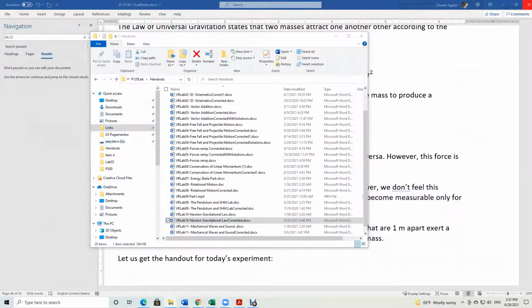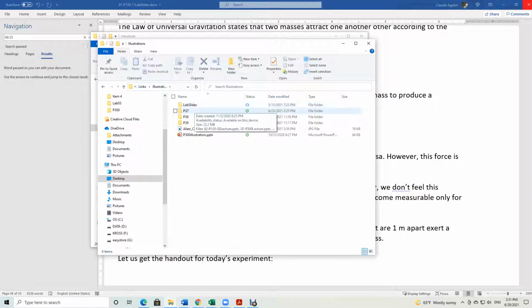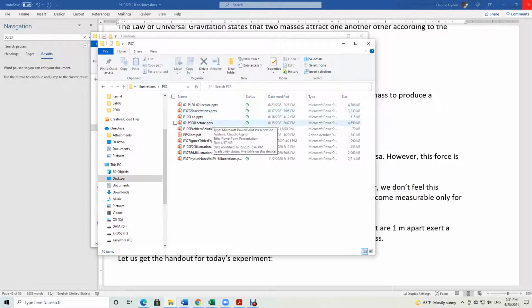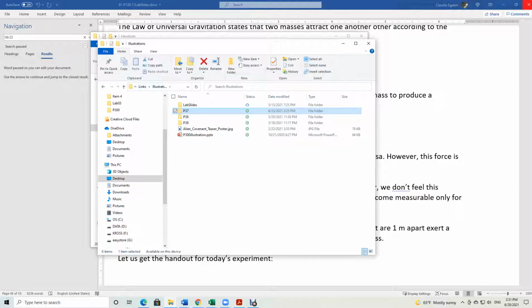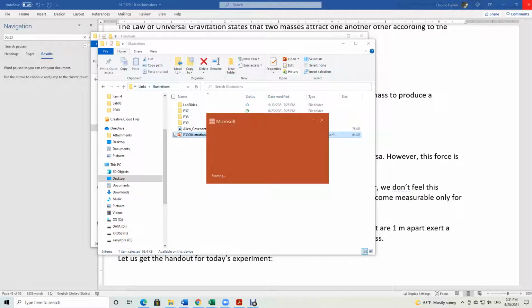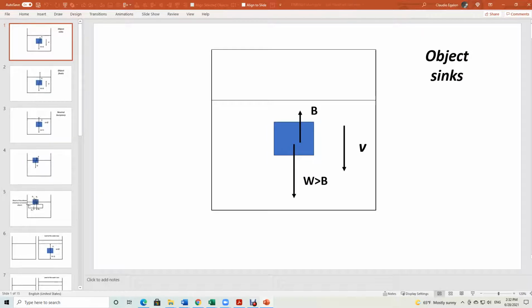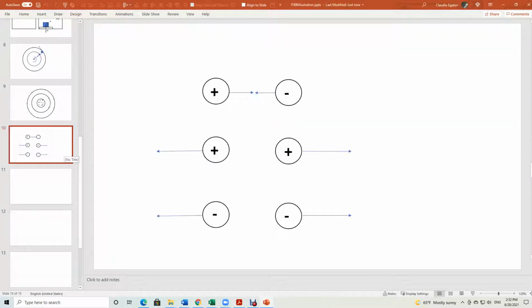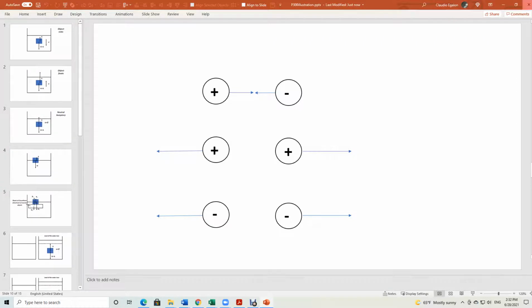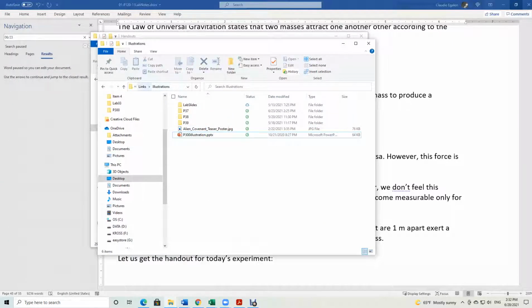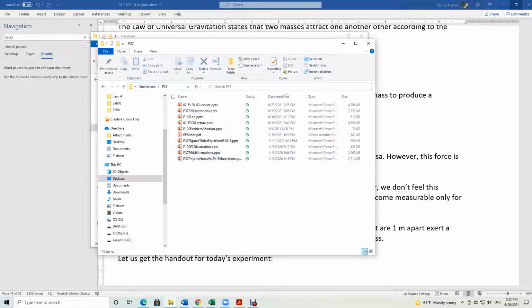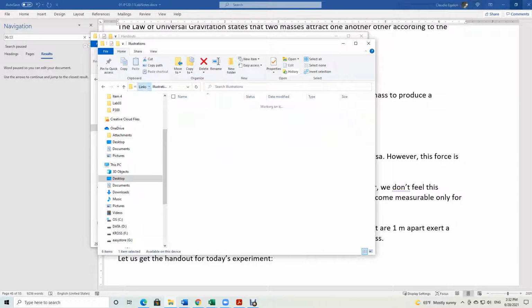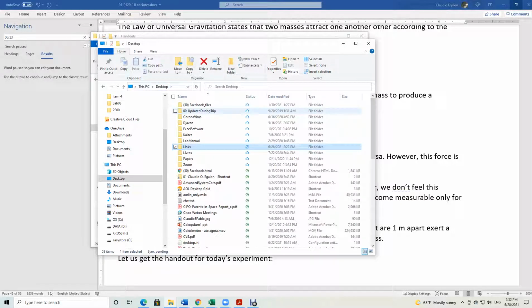Link, I'm gonna get it here. Illustrations. I believe, let's see, this one here. Let me see if I can get it. No, that's not the one I want. Let's see. Let me see if I can find a slide that I like to show you folks.